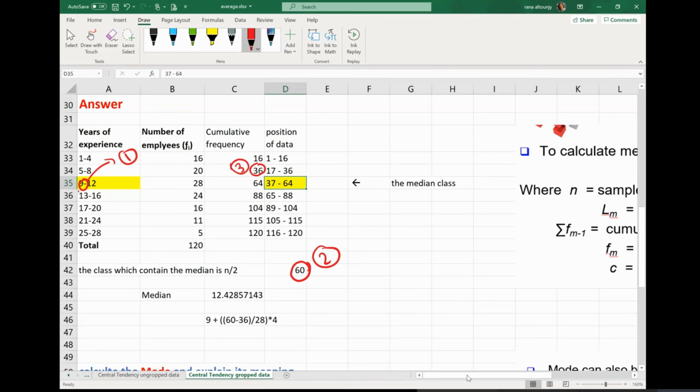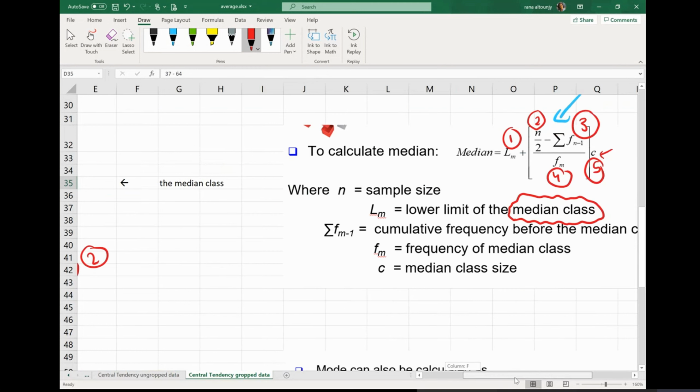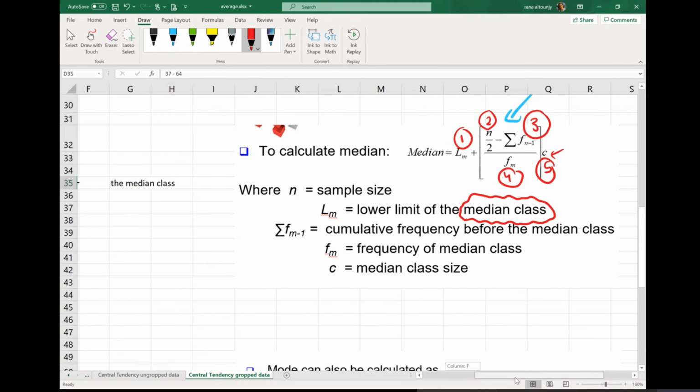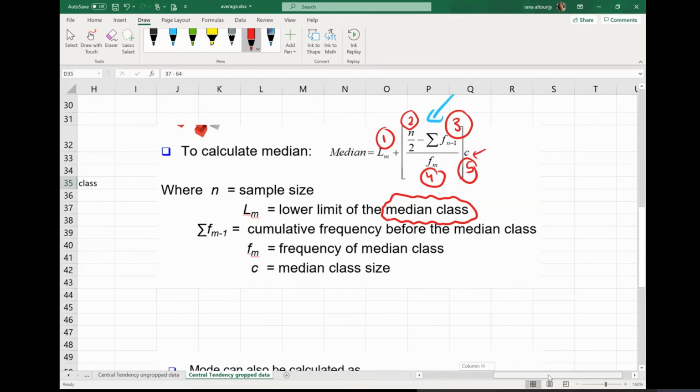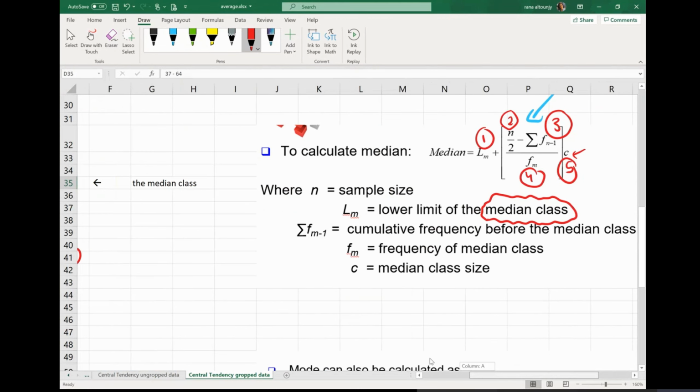Then we need to find the FM. FM is the frequency of the median class. This is our median class, and this is the frequency of our median class. Then the last piece of information we are looking for is C. C is the median class size.